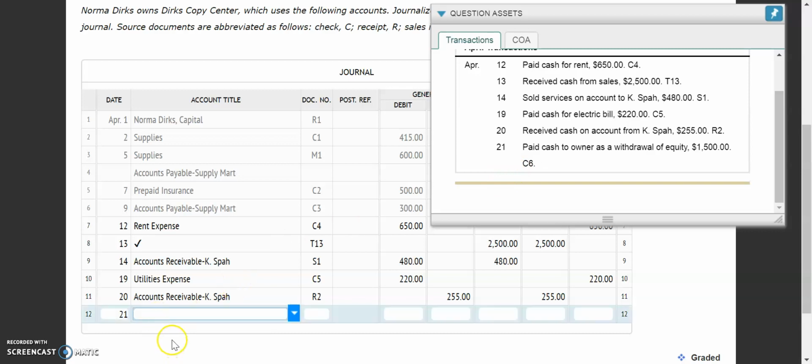We keep that separate from our capital account. So we have Norma Dirks drawing, and check number 6. Drawing is kind of one of those funky accounts, remember. Drawing is an owner's equity, but since drawing technically reduces owner's equity, it increases with a debit and decreases with a credit. So Norma Dirks drawing is going to have a debit of $1,500 and cash will be credited for $1,500.